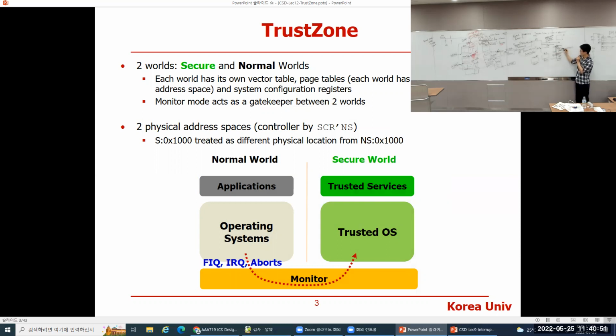Sometimes that location is accessed when you are in the normal world. And sometimes you access the same location while in the secure state, secure world. You can still access your normal memory, right? Then that information will be tagged.